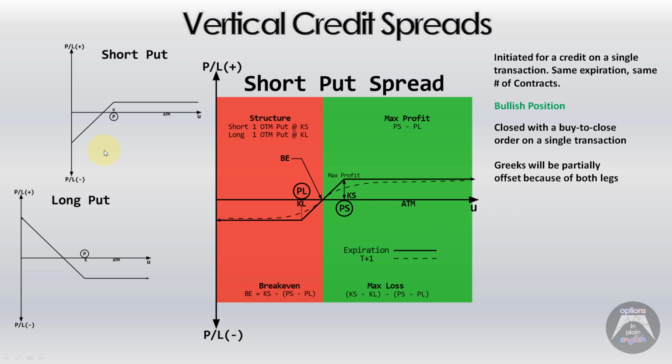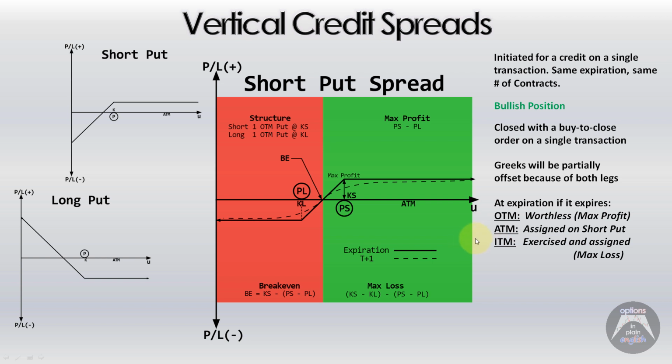So we're going to have a total of 5 deltas altogether for the whole position. If you only sell the put, you have 20. If you sell the put spread, you're going to have 5. That's what it means when we say that the Greeks are partially offset because of both legs.